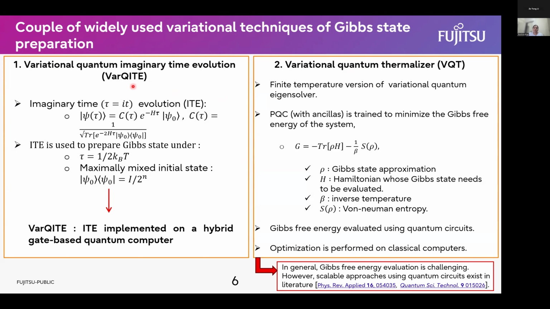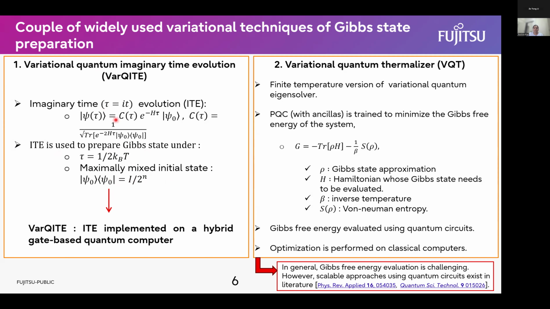For the Warkite version, to tell briefly, the idea is we start with a maximally mixed initial state and imaginary time evolve it for some finite imaginary time so that we arrive at the Gibbs state of the system.